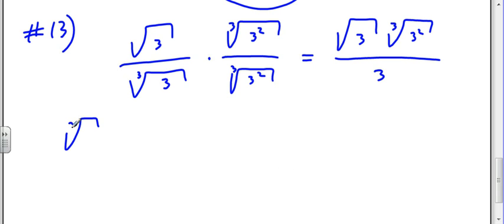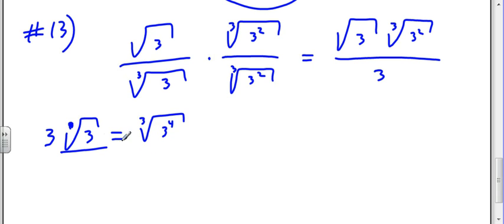The square root of 3 is the same as the cube root of what? 3 times the square root of 3 is the same as the cube root of 3 to the 4th.